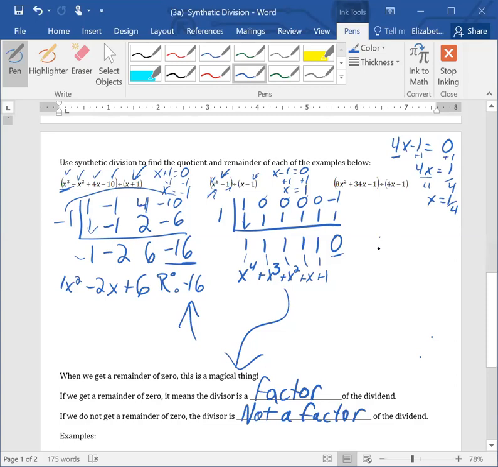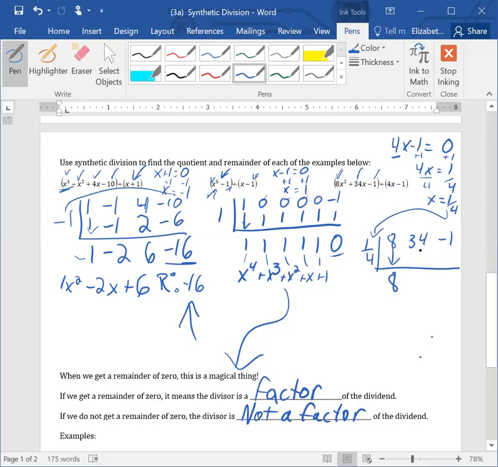All right, so let's draw our big divisor, our big bars. Let's put in our coefficients, right? So 8x squared plus 34x minus 1. Put our divisor on the outside, 1/4. Bring down your first number. So 1/4 times 8. All right, another way of saying this is 8 divided by 4.